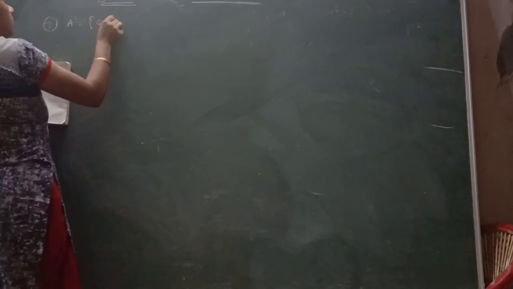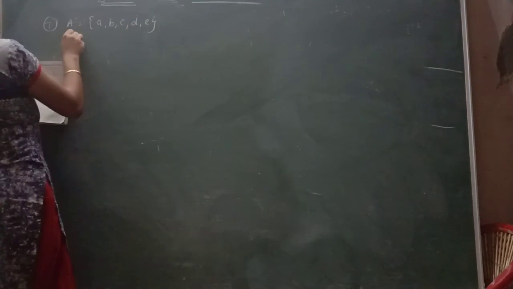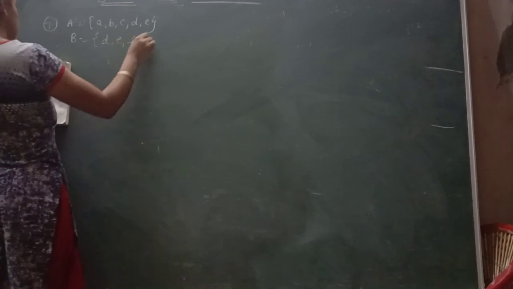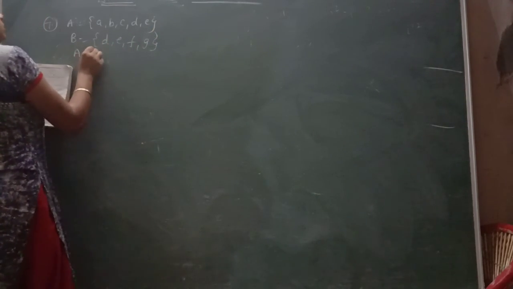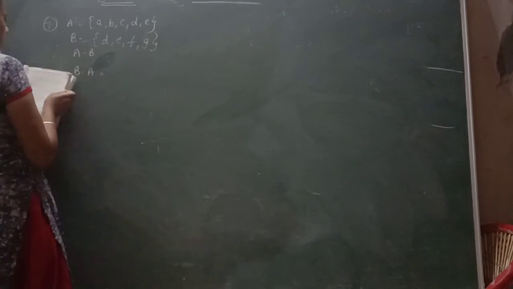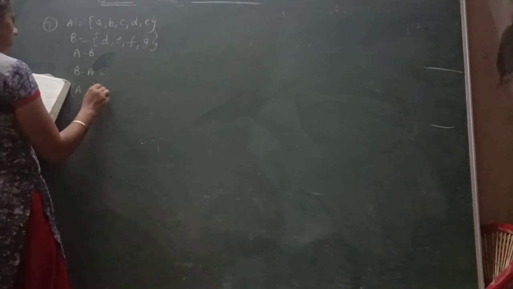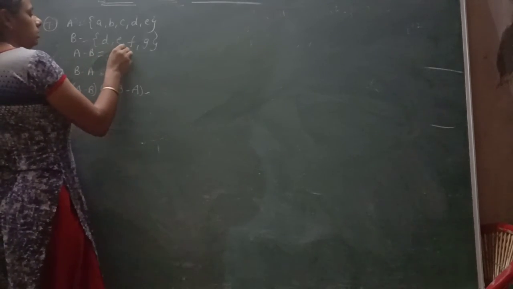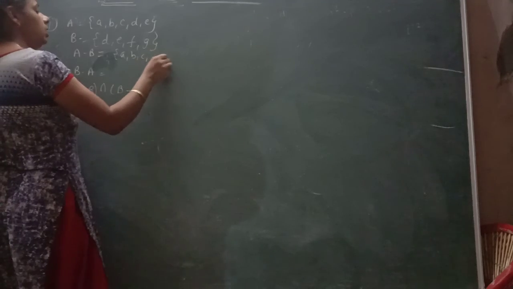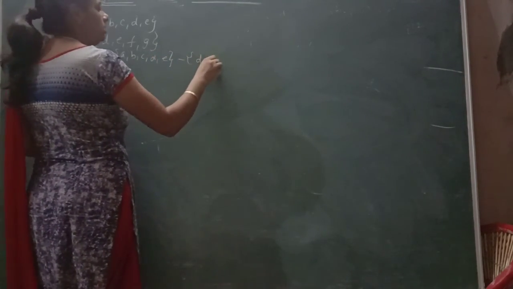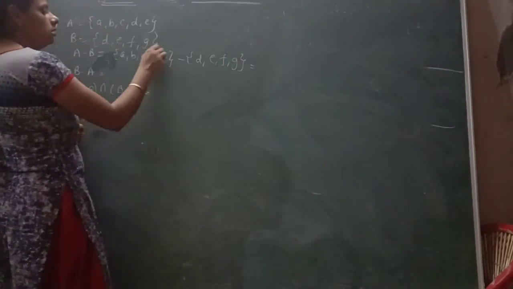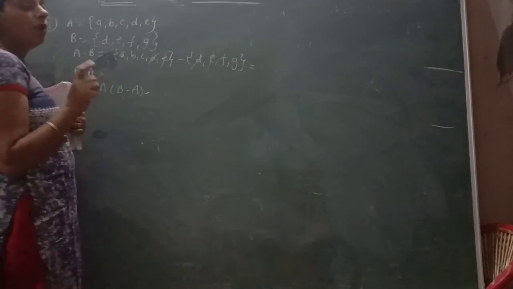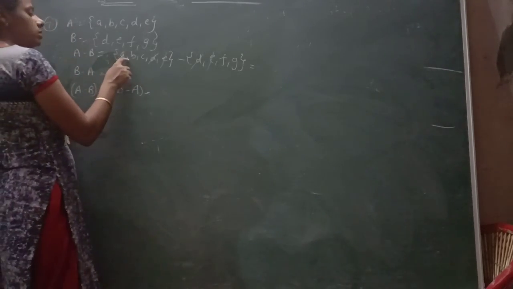I am taking question number 7 here. In question 7, set A is given as A, B, C, D, E, and set B is D, E, F and G. Firstly, you have to find A minus B and then B minus A, and then you have to find the intersection of A minus B and B minus A. For A minus B, firstly write set A: A, B, C, D, E, then write the second set: D, E, F, G. Now D will be cancelled, E will be cancelled, and you have to write only the rest of the elements of the first set, not of the second set.